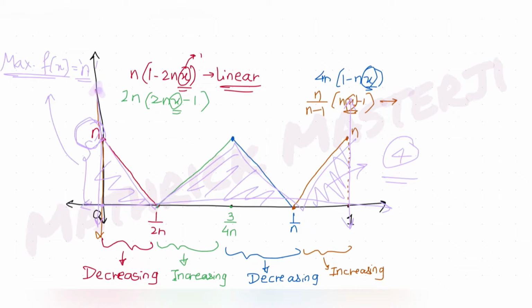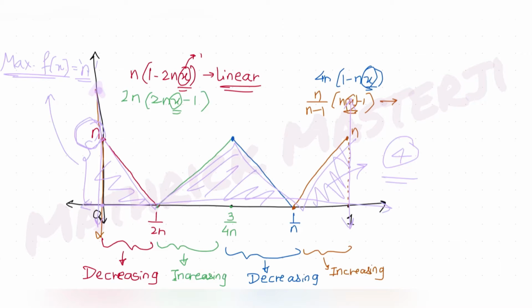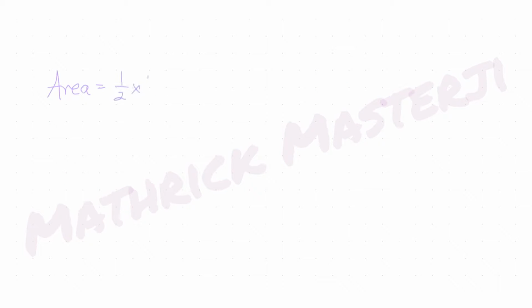Now I can use the idea that they have told us the area is equal to 4. So if I find the area of these triangles that I have here, area total is basically the sum of all the triangles. For the first triangle, half into base, which is 1 over 2n, into height, which is n.